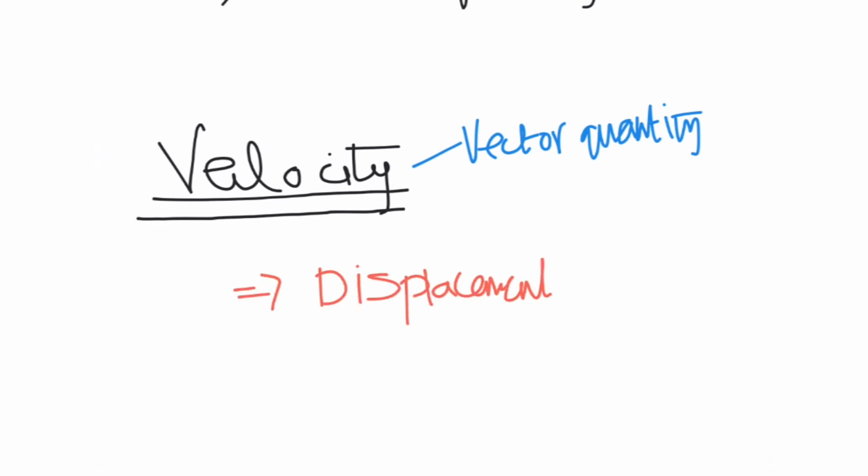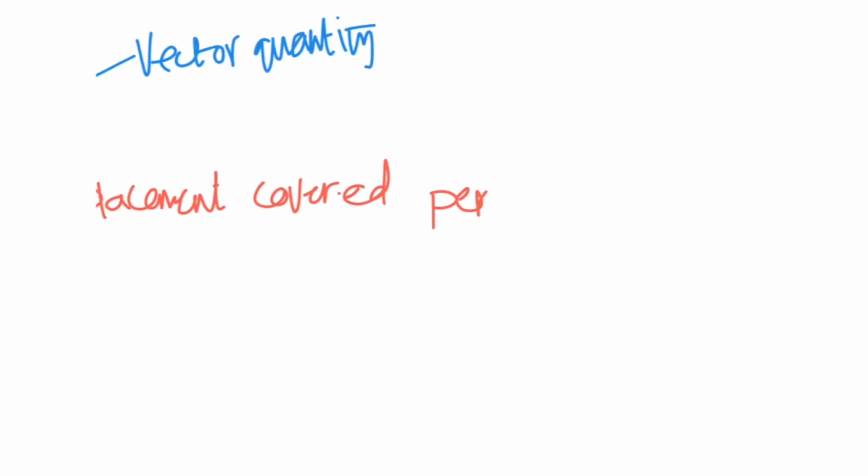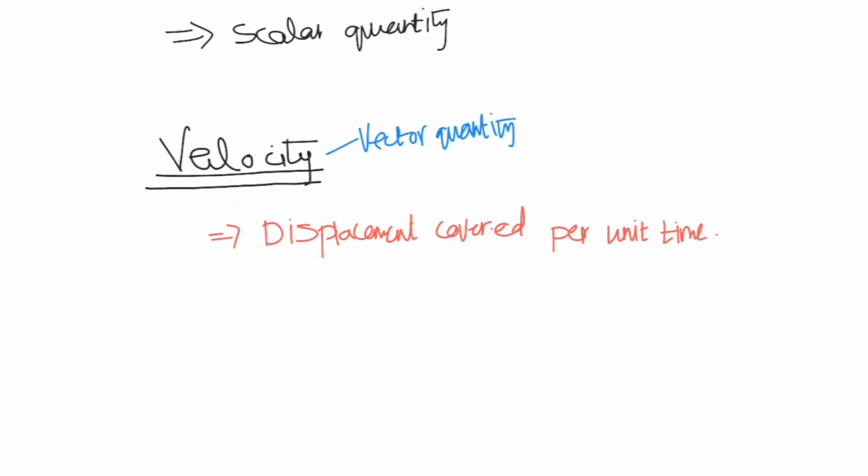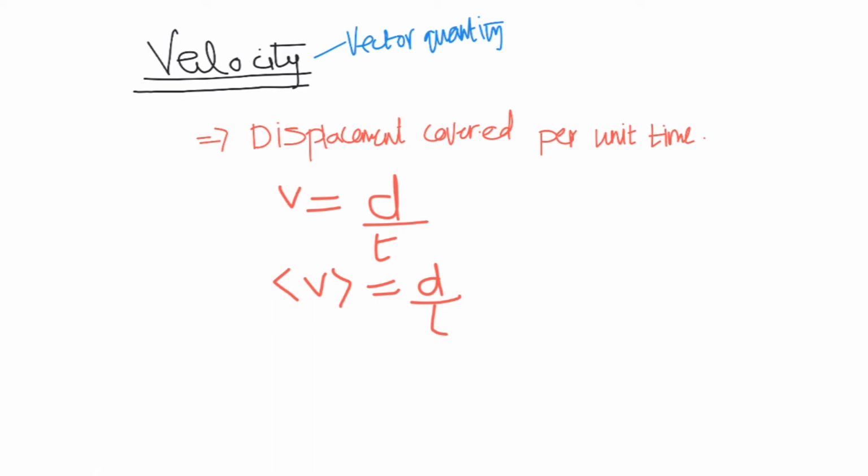We write it as displacement covered per unit time. Its formula is same as that of the speed, which is v is equal to d over t, distance over time. And that is it for the velocity.